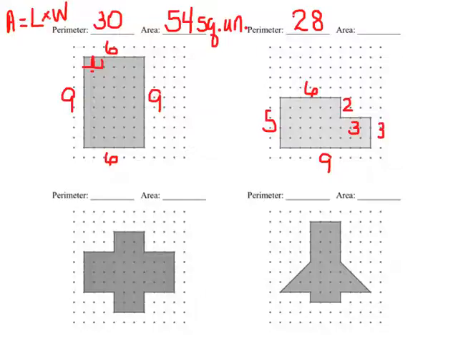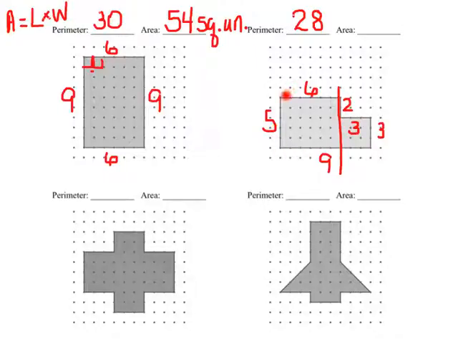Now, this one gets a little odd because I have an unusual shape. So what would happen if I decided to draw an imaginary line right down through here and make that 2 separate shapes, quadrilaterals, and then put them back together? If I were to do that, then I want to look at this larger one first.